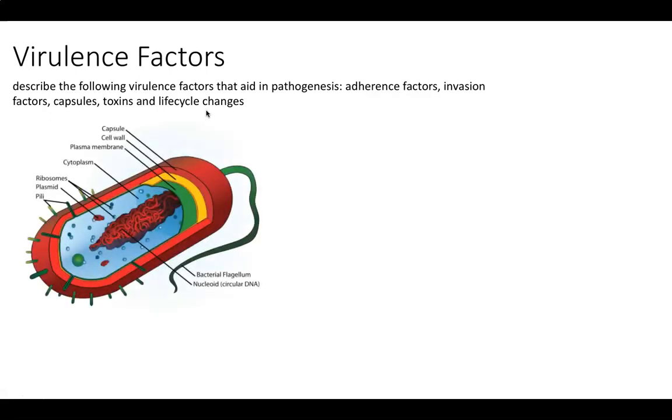Well, it's because of its virulence factors that aid in pathogenesis. So different factors to look at are adherence. Maybe you can think already what to adhere to something means. Then invasion factors, capsules, toxins, and life cycle changes. So let's get into it.